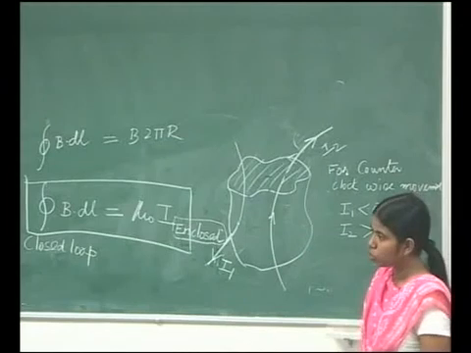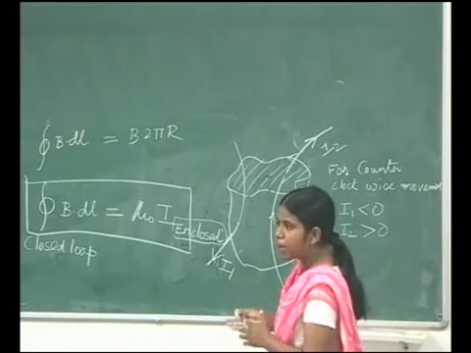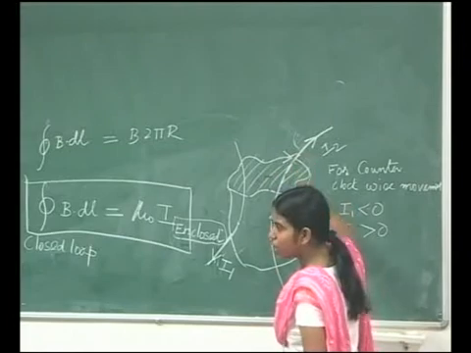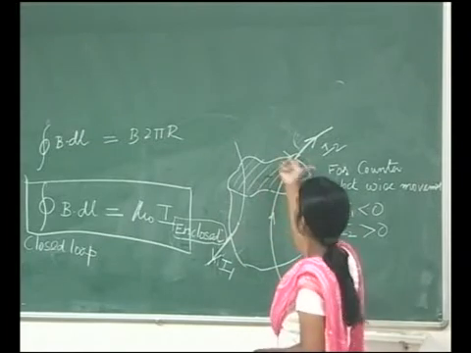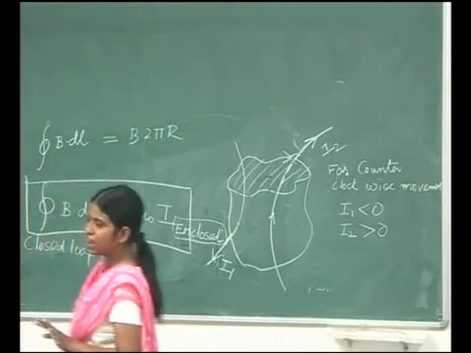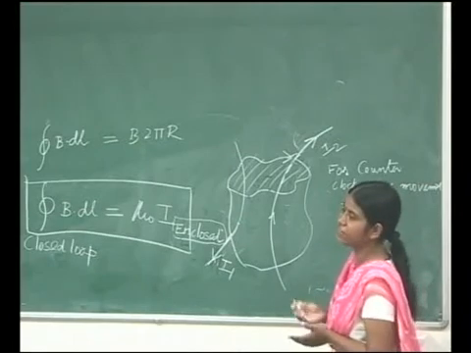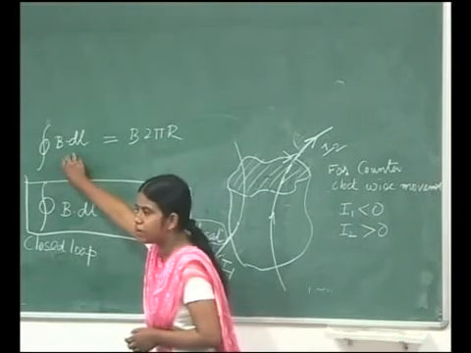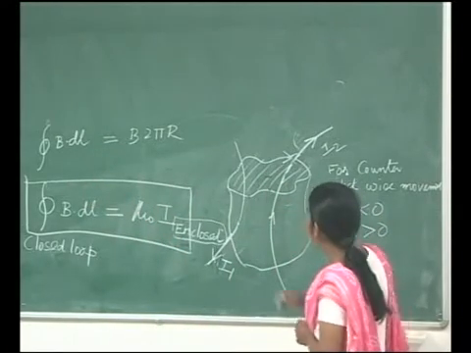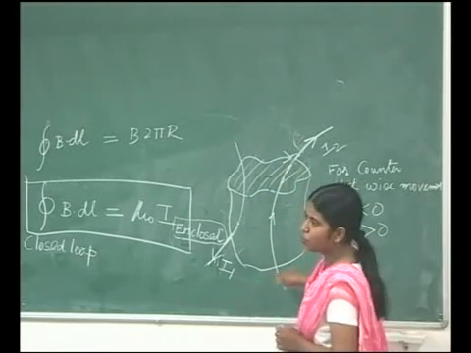Clear? No issues? Okay. But if I flip my rotation, if I start to move like this, for this particular movement, because I want this to be positive, I do not want to deal with a negative sign. When I can deal with positives, why unnecessarily get into a negative sign? So I want this to always be positive. It means I am moving along the direction of the magnetic field. So when I am moving like this, I1 will become positive and I2 will become negative.